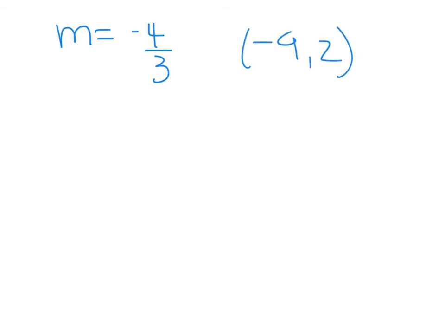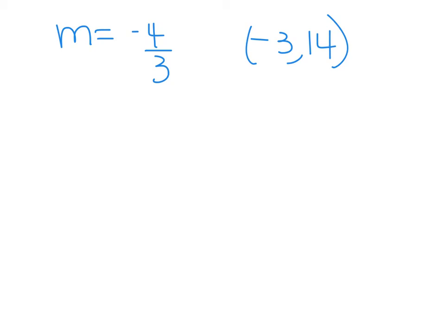So we just found out the slope was negative 4/3. And the point that I'm using is... oops, sorry, no, I'm actually using the point (-3, 14). I looked at the slide wrong.